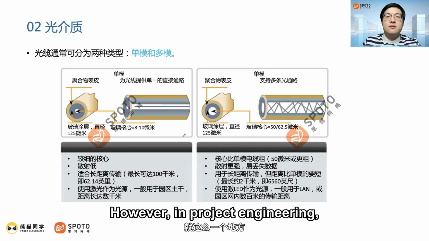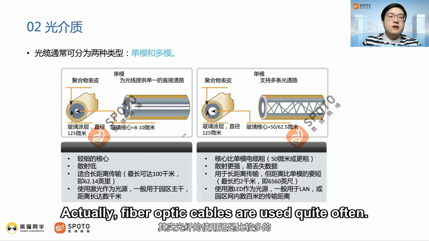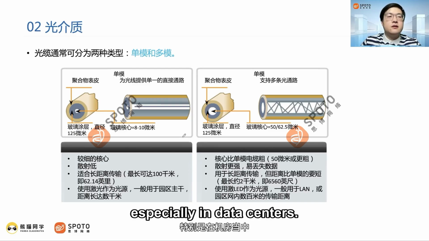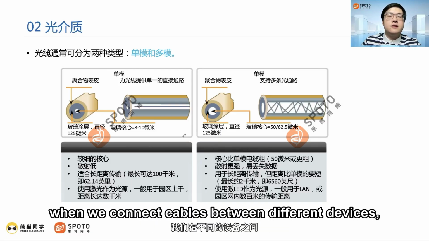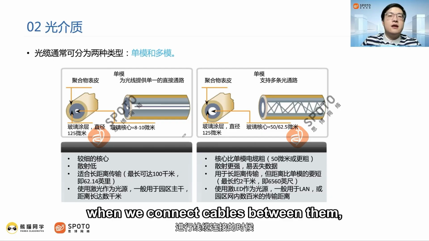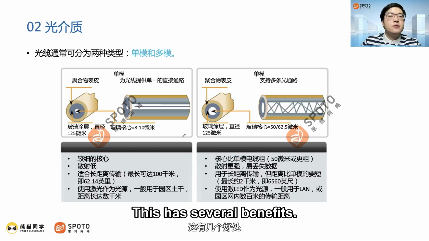However, fiber optics are actually, especially in a data center, within the same data center, when we connect cables between them, very often we use fiber optics for the connection. This has several benefits.